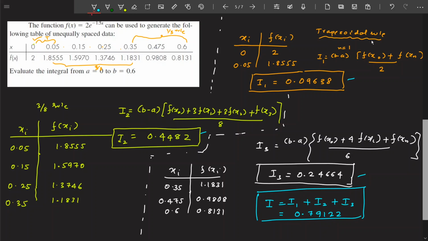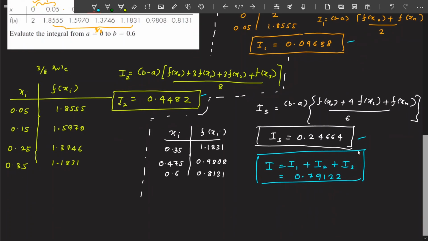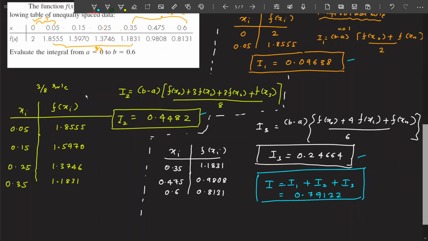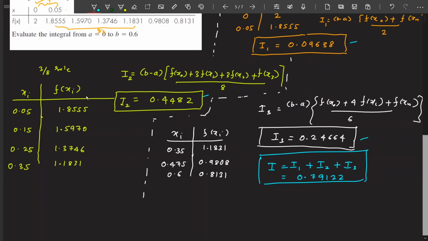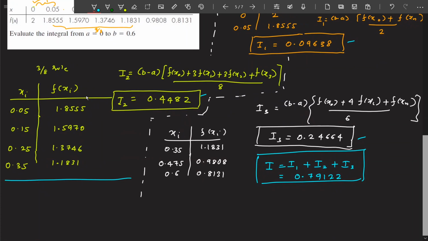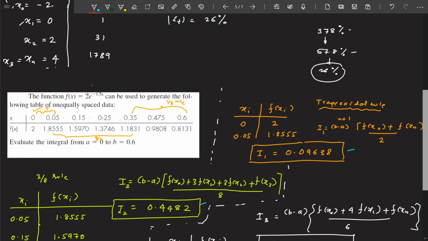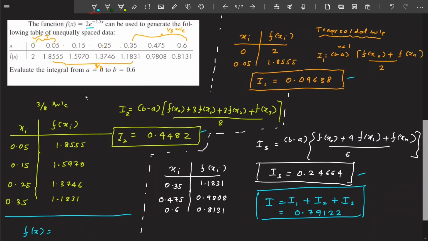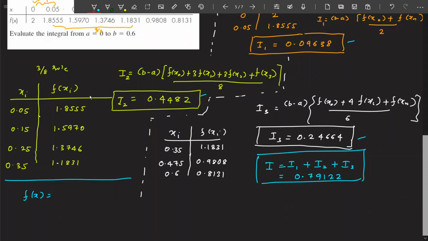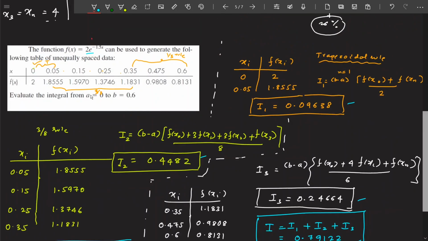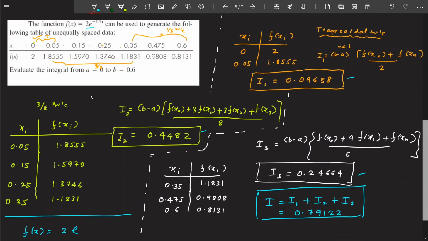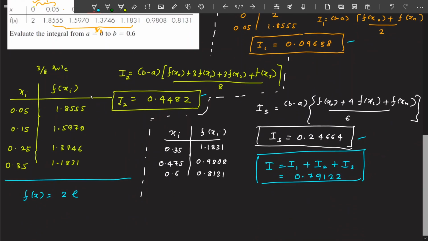But I'll suggest to you guys that we all know the function. What is the function here? It's given in the question. Let's see, this is the function: 2 into e raised to minus 1.5x.